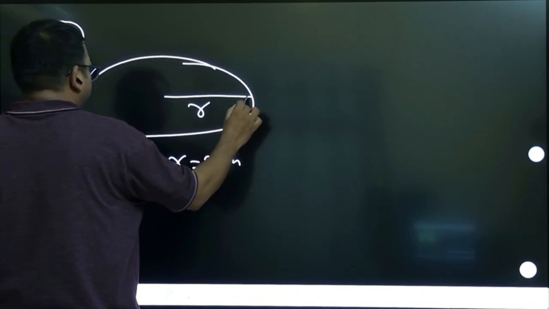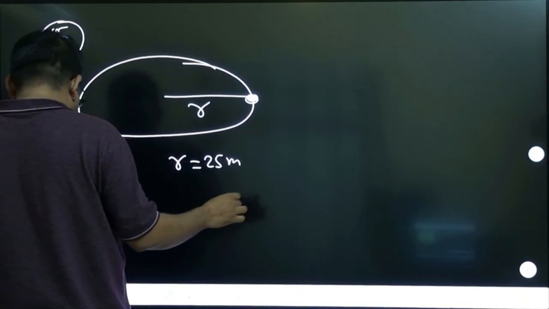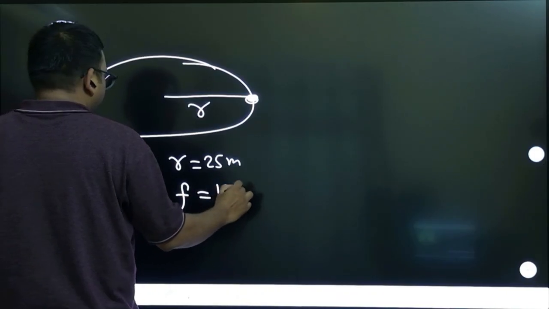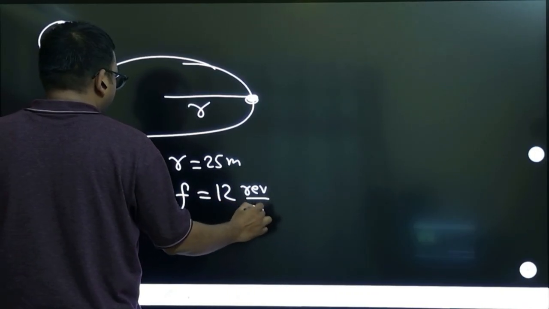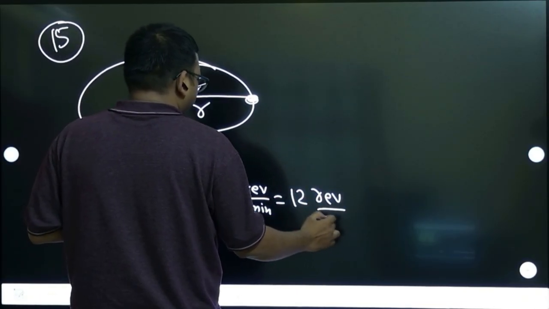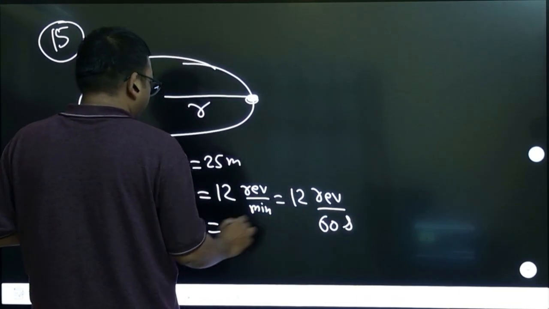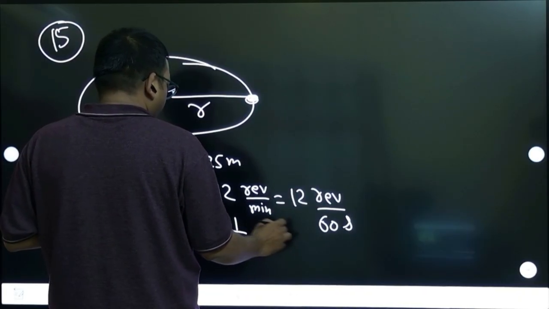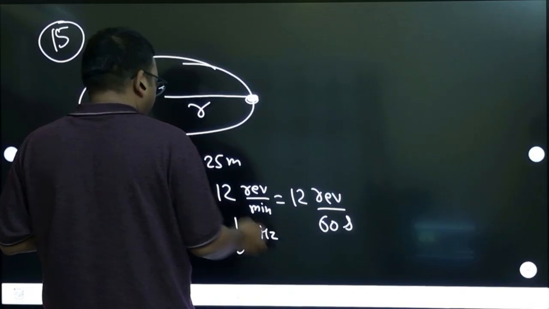Whenever they say angular speed but they are giving the units of revolution per minute, they have given frequency, 12 revolution per minute. So you convert into second first. 12 revolution in 60 second, that becomes 1 by 5, right? 1 by 5 revolution per second is the hertz, that is the SI unit.